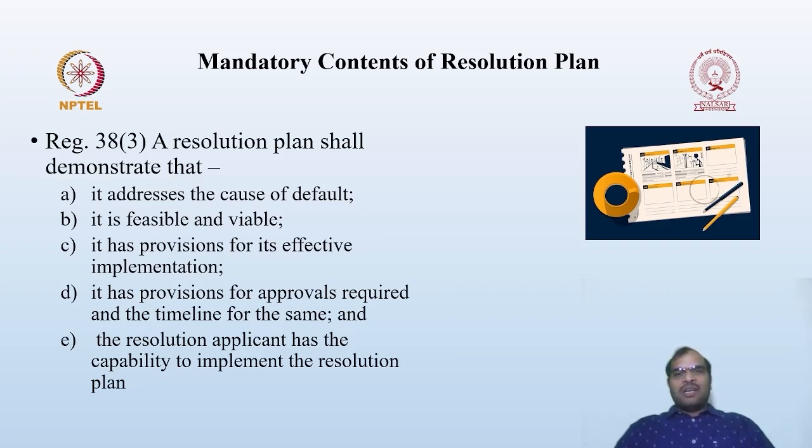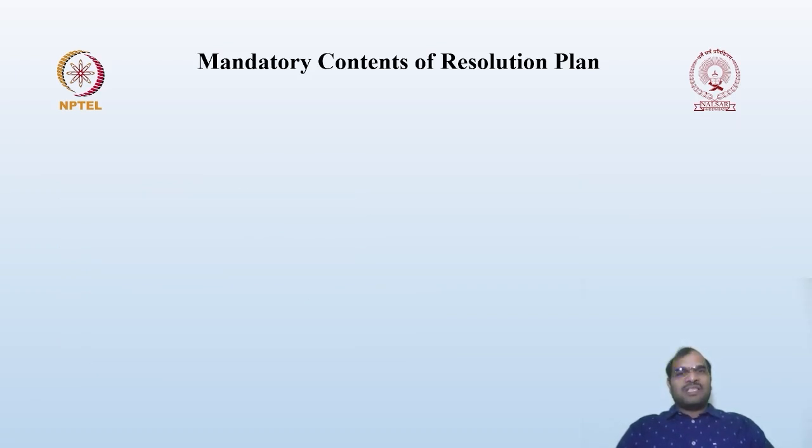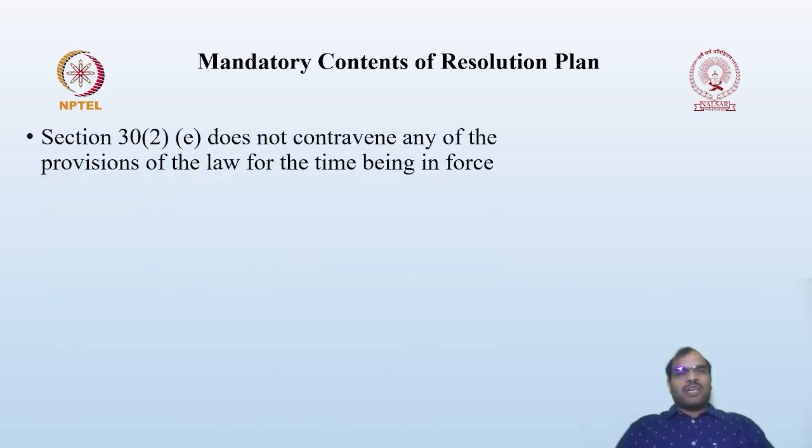As part of the resolution plan, when implementing this plan, you may have to take approval from various authorities, maybe RBI, maybe CCI, etc. So what is the time limitation that you are proposing? It must be there in the resolution plan. The resolution applicant must have the capability to implement the resolution plan. Do you have the capability to implement the resolution plan? Please consider. These things must be there.